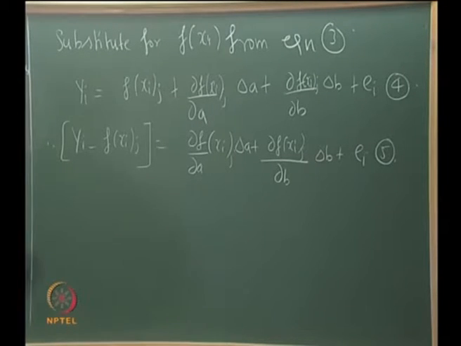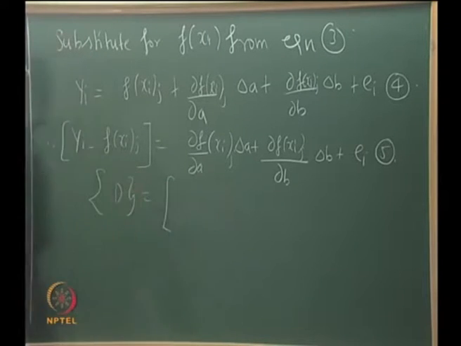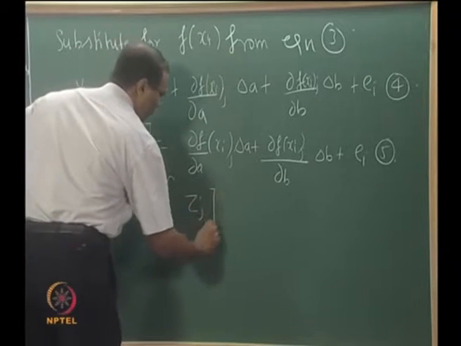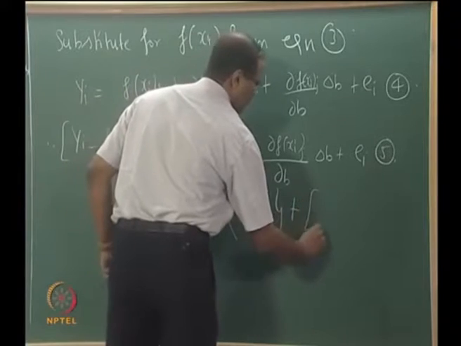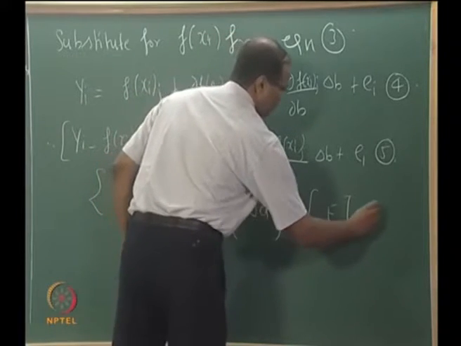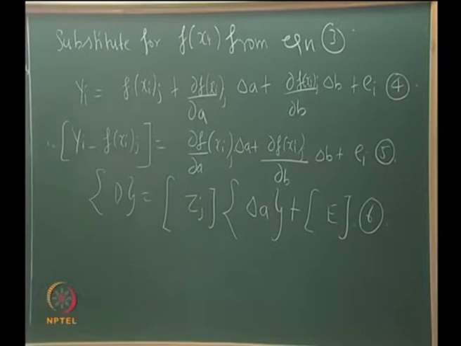So D, what do you want to call that as? What is the notation we used in yesterday's class? Z, right? Z. So Z of j. Why am I using matrix form?